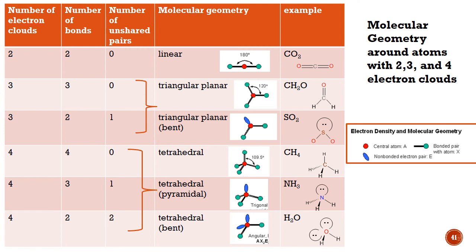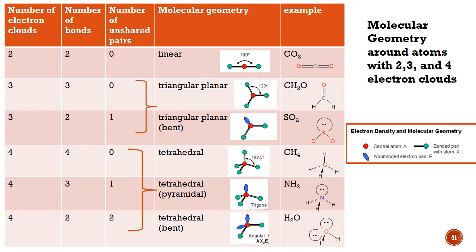Now, if all 3 of them are bonded, we get the top one, 120-degree angles, and the example is CH2O. If we have 2 of them bonded and 1 unbonded, or 1 unshared, we still have the triangular planar, but sometimes we call this the bent shape. And SO2 is an example of that molecule.